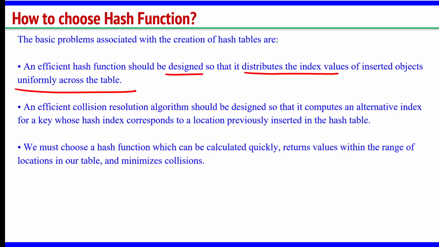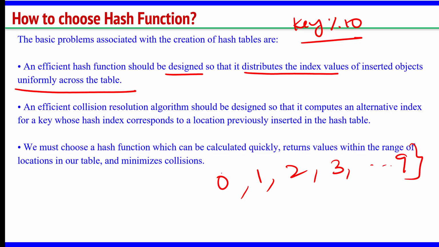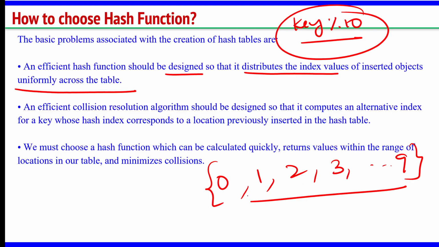If I take key modulo 10 as an example, this will give different answers. For some numbers it will give 0, for some index 1, for some 2, for some 3, and for some 9. These are the possible outputs from this function, so it is distributing evenly.